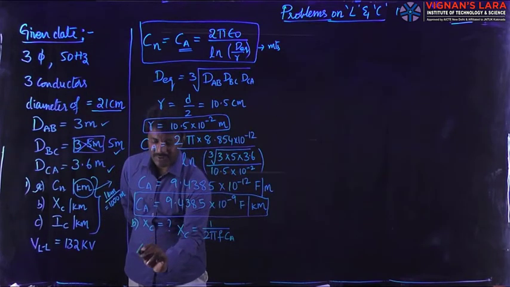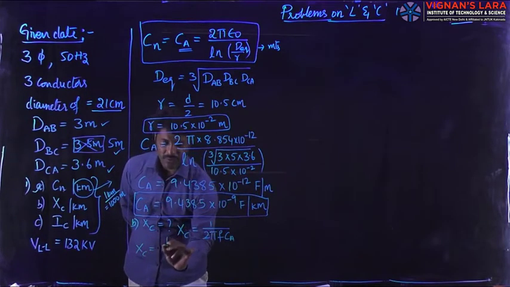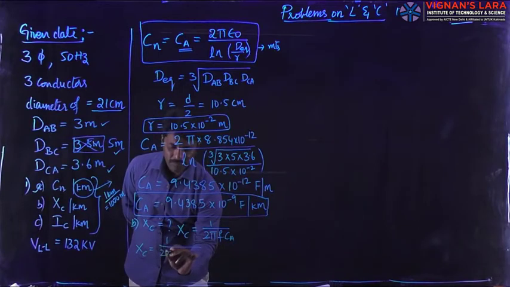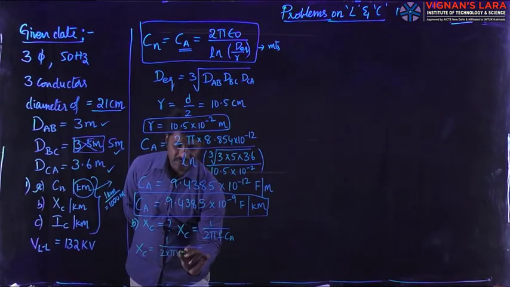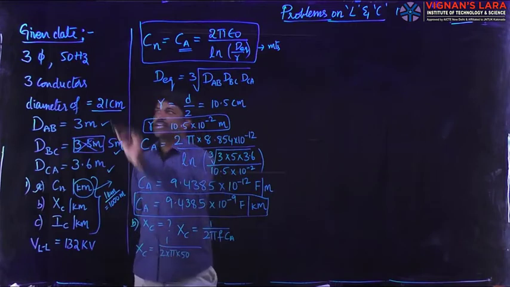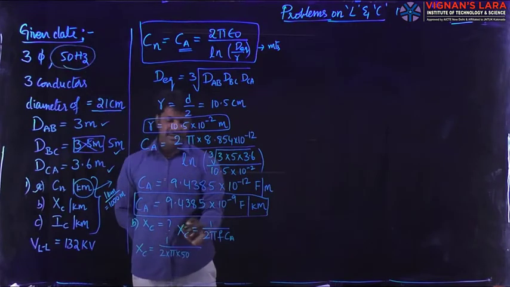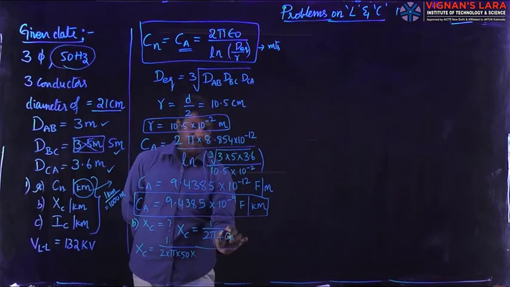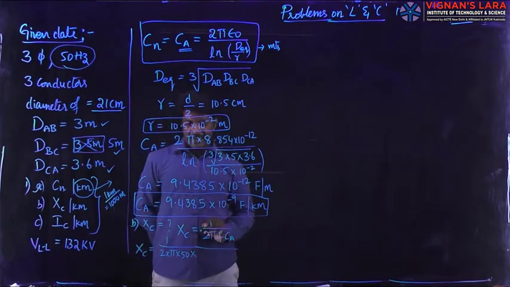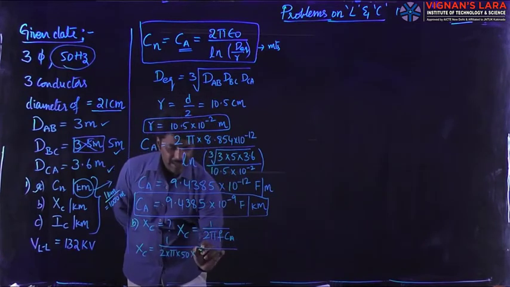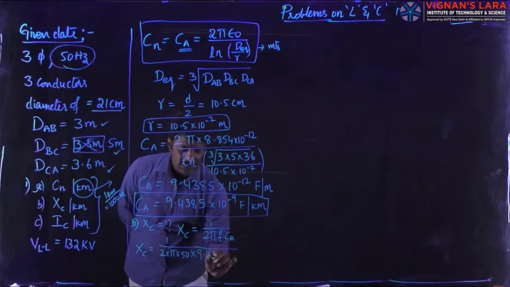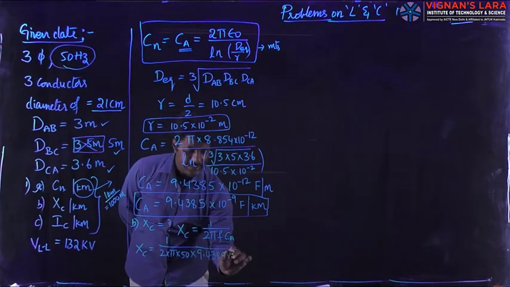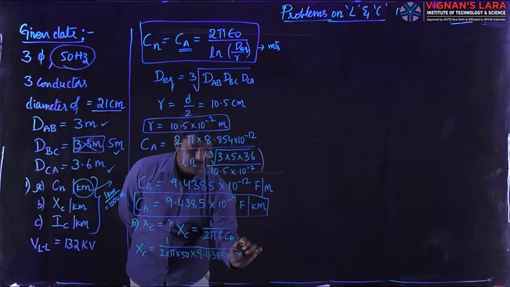Then the magnitude of XC is equal to 1 by 2 pi, and the frequency is 50 Hz, since the line is operating at a frequency of 50 Hz, multiplied by the capacitance obtained for 1 kilometer length, whose value is 9.4385 into 10 power minus 9.